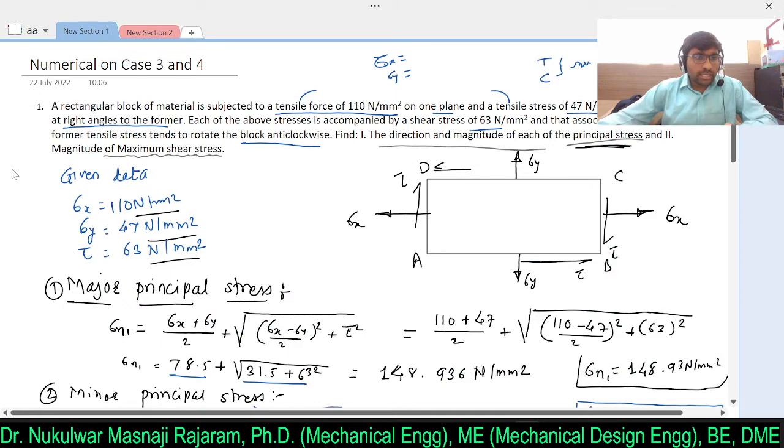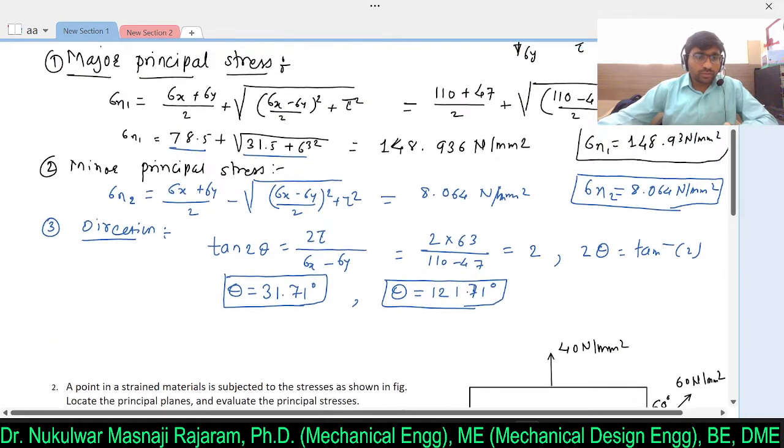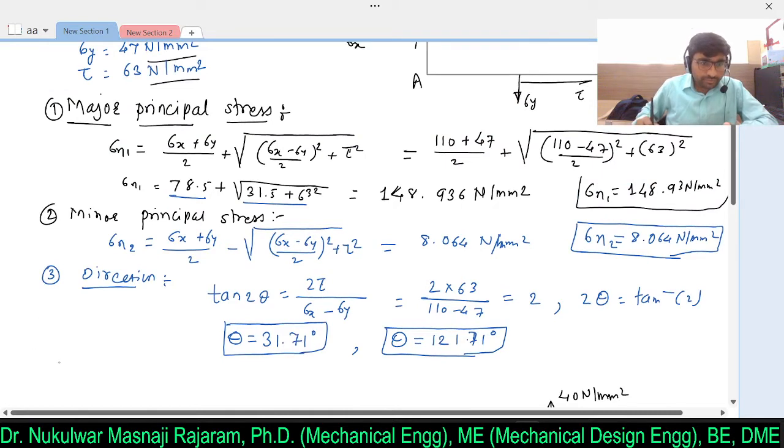So what is next? Next is the magnitude of maximum shear stress. So we have a formula, that is number 4, maximum shear stress, tau max. It is half of under root of (sigma x minus sigma y) whole square plus 4 tau square, or you can use this one also.